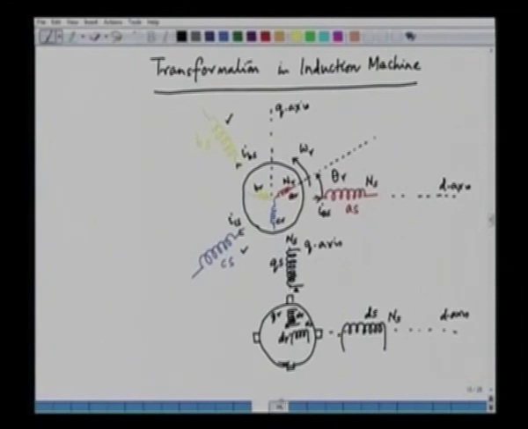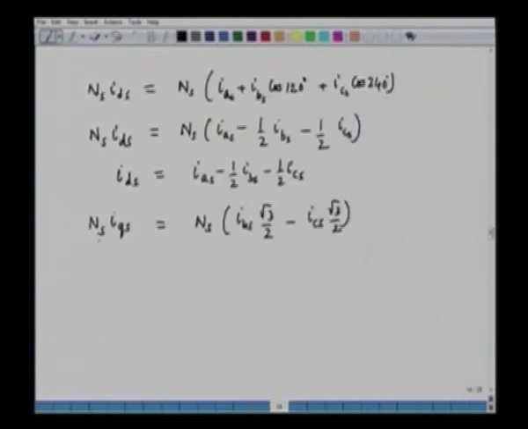So we get the following expression: NS into IQS is equal to NS into IBS into root 3 by 2 minus ICS into root 3 by 2. NS and NS will cancel, so IQS equals IBS root 3 by 2 minus ICS root 3 by 2.